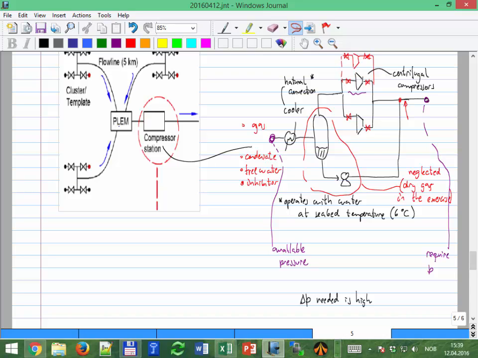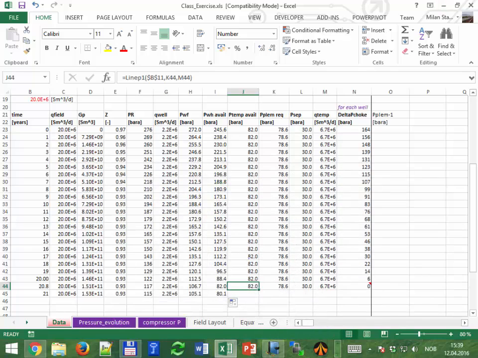From the template all the way to the plem. Okay, so these two pressures actually they're going to be the same. Okay, P wellhead and P template, right? Because now I don't have any choke. Now P plem in this case is going to change from plem required to plem available.